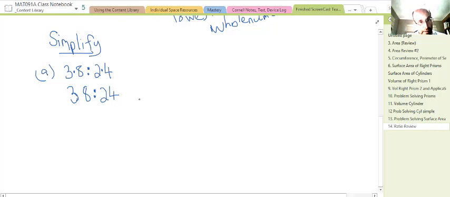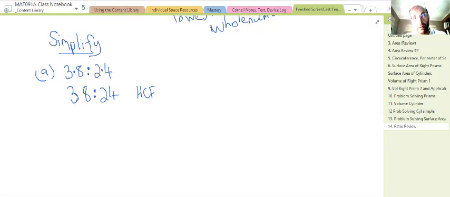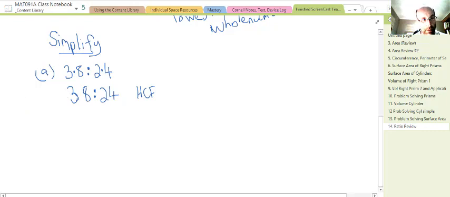If you can't think of the highest common factor straight up, at least think of one common factor, and then you might be able to do it gradually in steps. So half of 38, in other words 38 divided by 2, is 19.